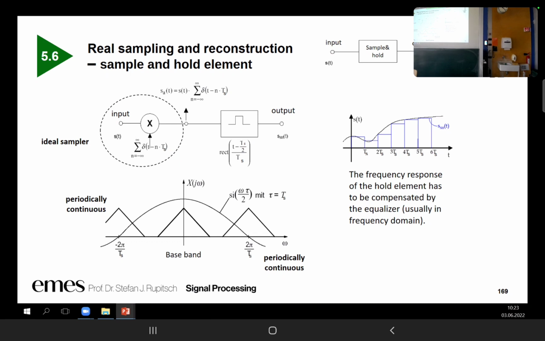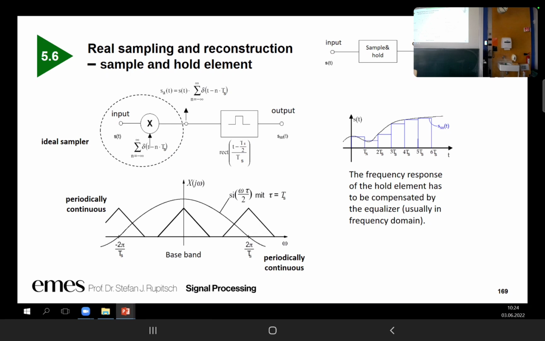And then we obtain the multiplication of the baseband signal, the original signal, with the transfer function of this staircase thing, and the transfer function of the staircase thing is only the multiplication of the rectangular function. And this multiplication with a rectangular function looks like this in the spectrum, with the sinc function.